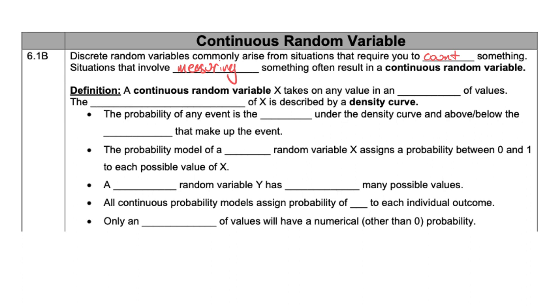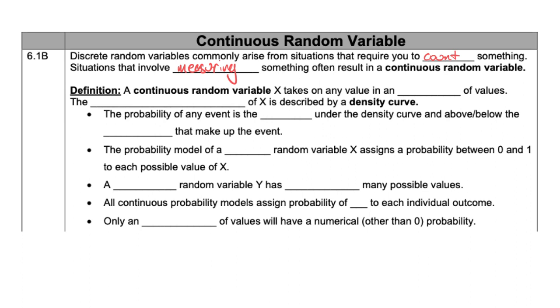If we're measuring the weights of kids in a certain age range, because that range could be so large, we would have to count 80 pounds, 81 pounds, 82 pounds as each individual. But when we use a continuous random variable for measuring, it makes it a lot easier to digest and analyze the data.